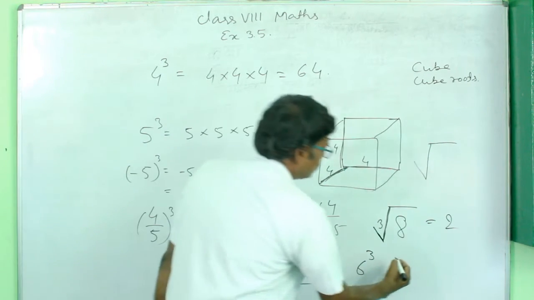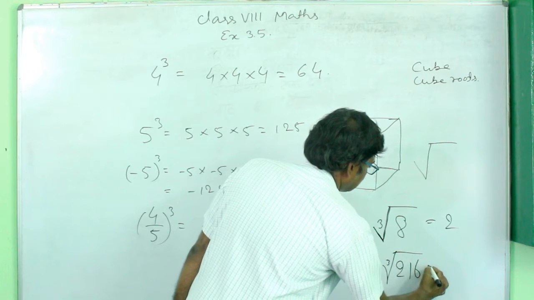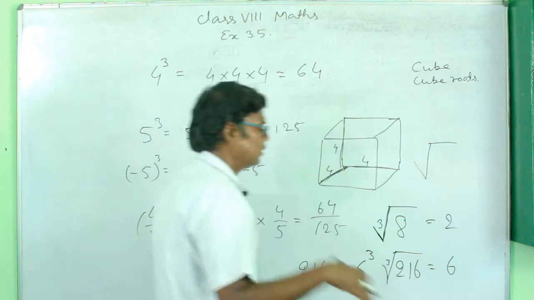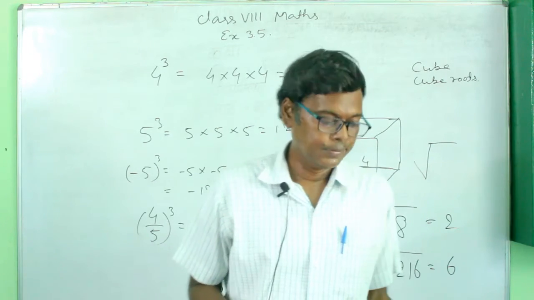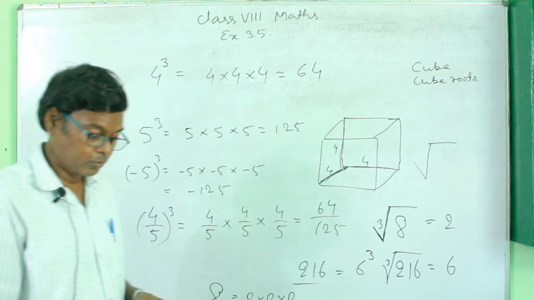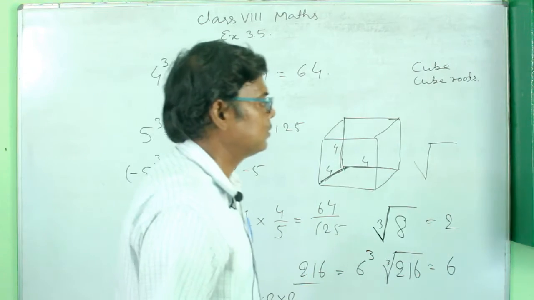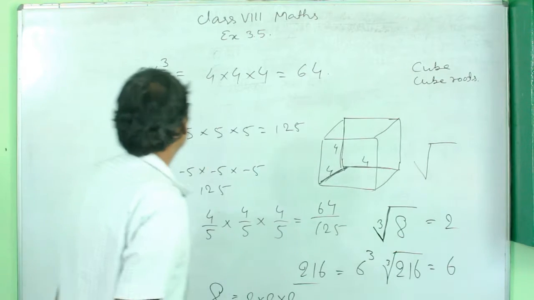Similarly, the cube root of 216 will be equal to 6, because 6 into 6 into 6 is equal to 216. So this is the meaning of cube and cube roots. Take another example, the cube root of a negative number.